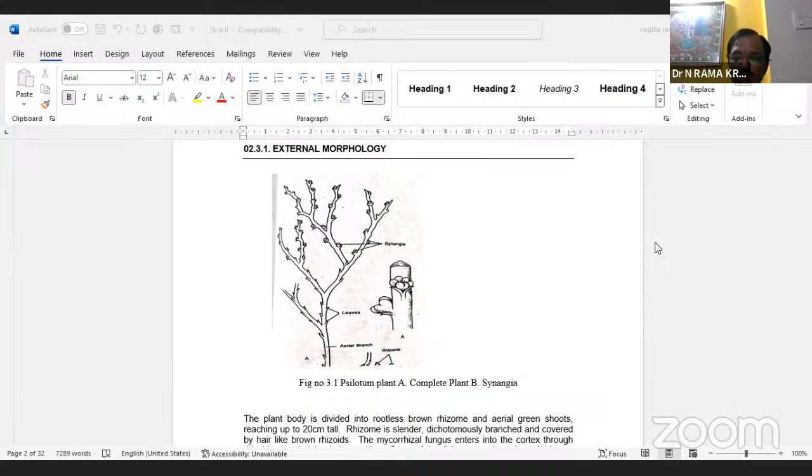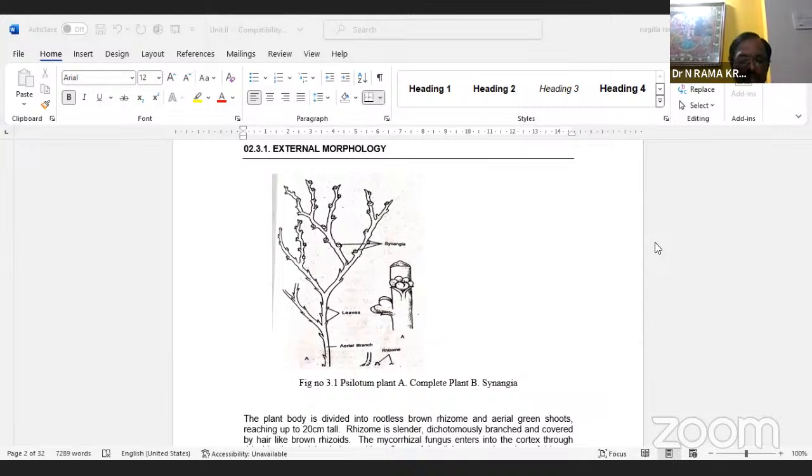The appearance of leaf gaps in the siphonostele leads to a number of modifications: eustele, dictyostele, polycyclic, amphiphloic solenostele, ectophloic solenostele, and ectophloic amphiphloic. So these are all the types of siphonosteles.